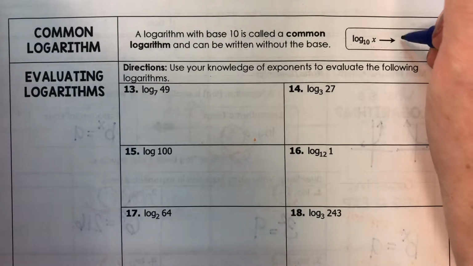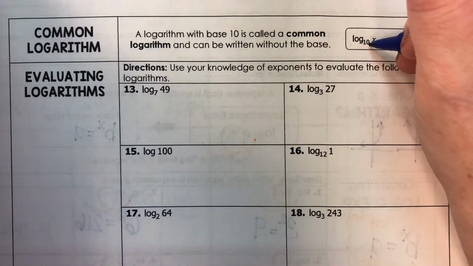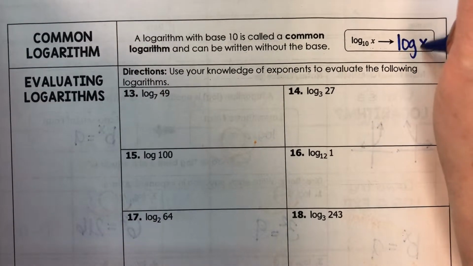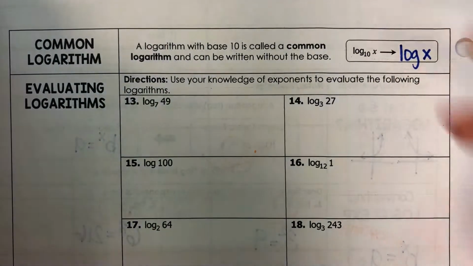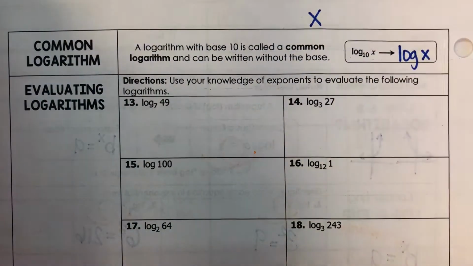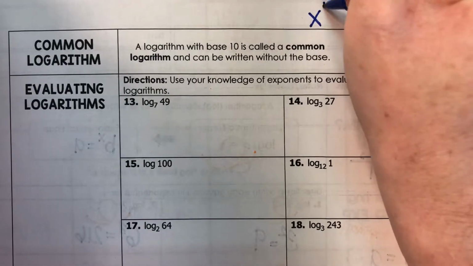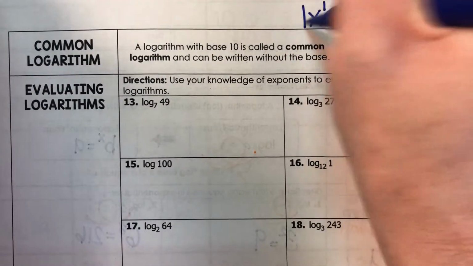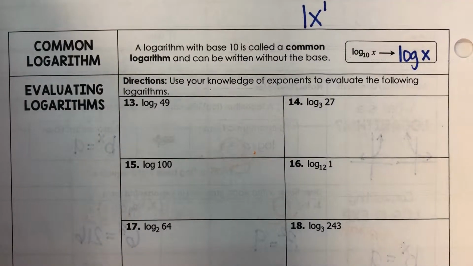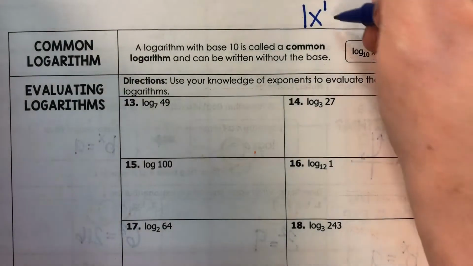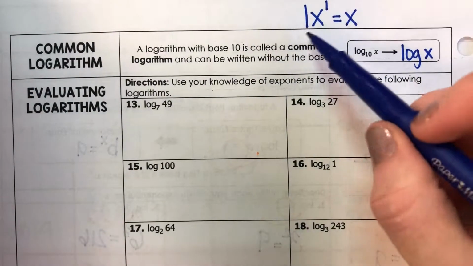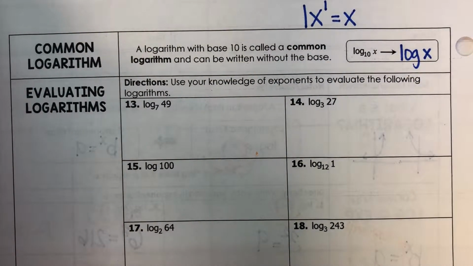You're going to see right here, if I have log base 10 of x, this is going to be equivalent, okay? Because just like when I have the variable x, there's an understood but unwritten exponent of 1. There's also an understood but unwritten coefficient of 1. So that is just equivalent to x. That's just without all the frou-frou stuff put with it.